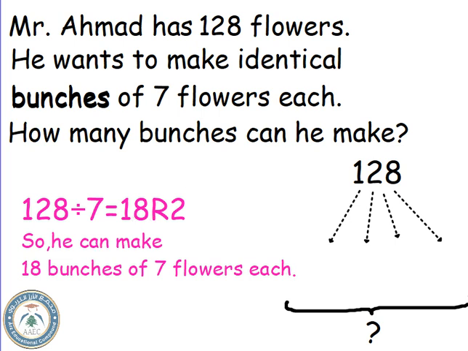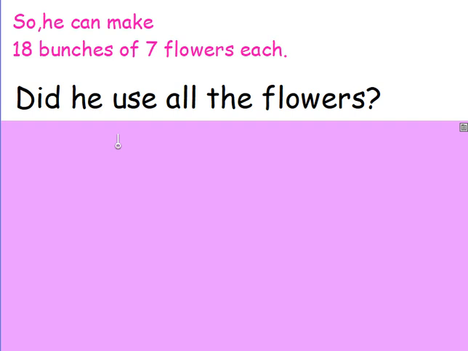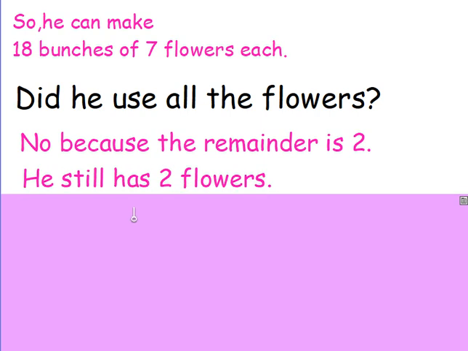Now if I want to ask you more questions, for example, if I ask you, did he use all the flowers? You will say, no, because the remainder is 2. Remember, the remainder was 2. So, no. He still has 2 flowers. Another question.